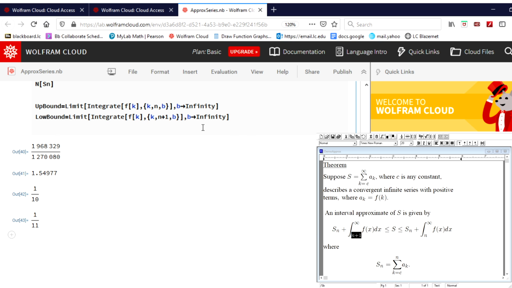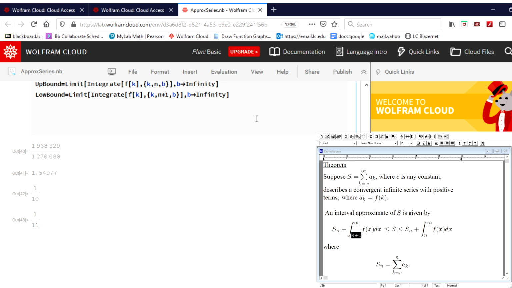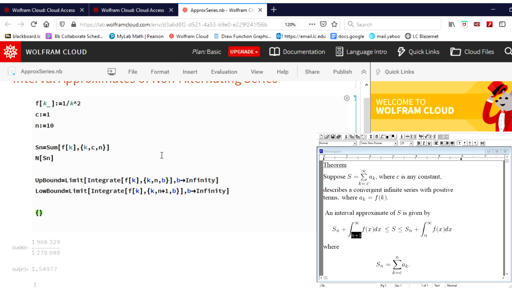And what I want to do with these lower and upper bounds is add them on to the value of s to form this interval approximation. As for the interval approximation, we might highlight that here. We might say, let's print the statement, the interval approximation of this series where a sub k equals f of k, is as follows.